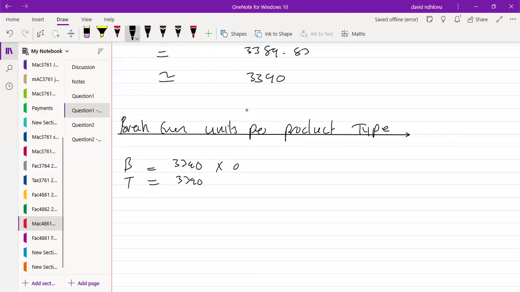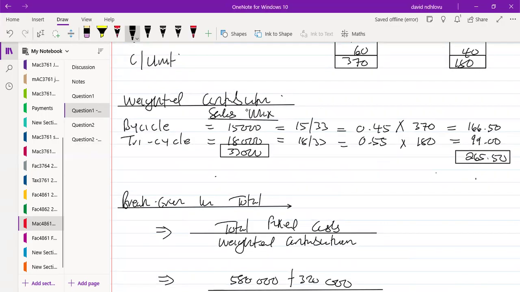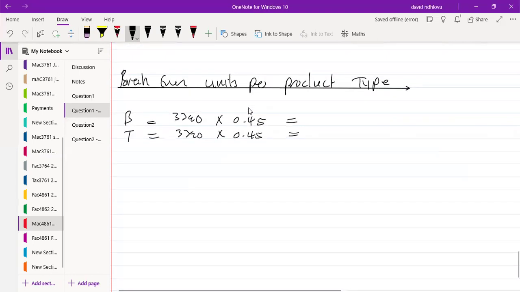You will multiply by the weightings, the sales mix ratio. So you simply take your break-even total and multiply by the sales mix ratio. This one should be 553.